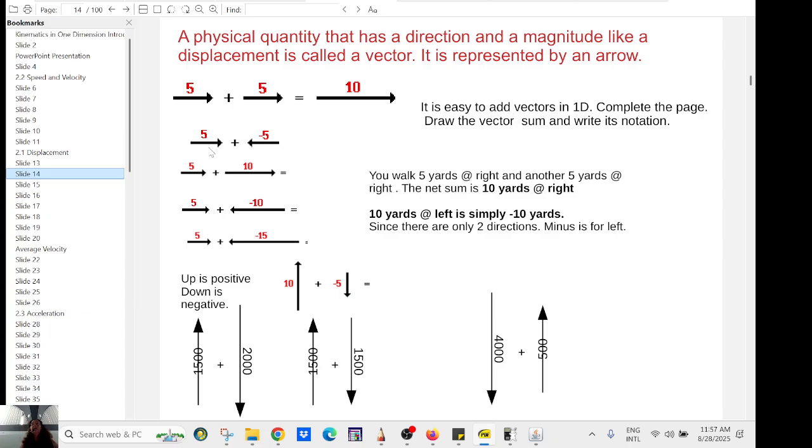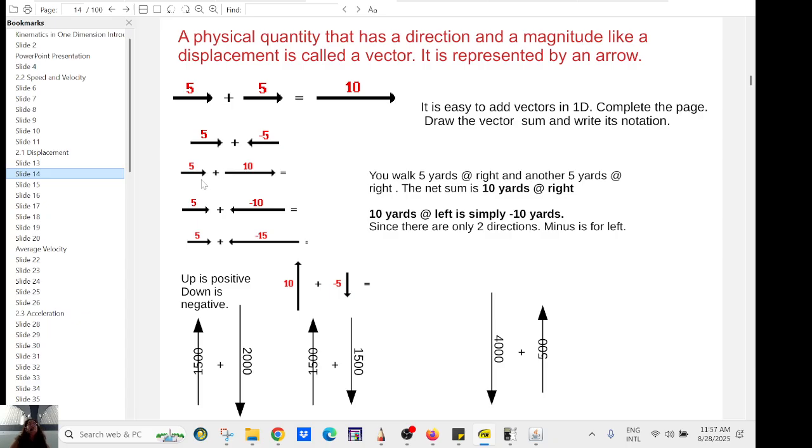Or you can say I'm moving 5 blocks to the north, 5 blocks to the south. What's going to be the displacement? 0. Okay, so you can add vectors. In one dimension, it's easy, just add integers. In 2 dimensions, we'll have to deal with cosine and sine and tangent. It's going to be more challenging.